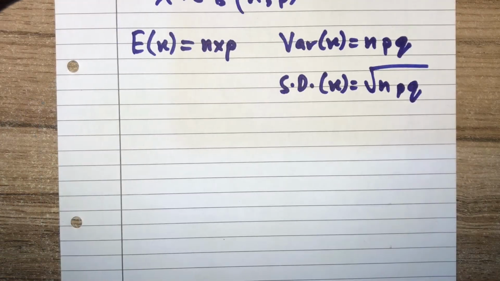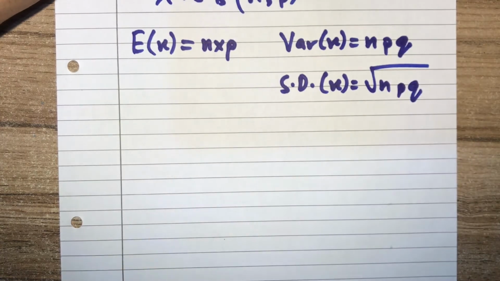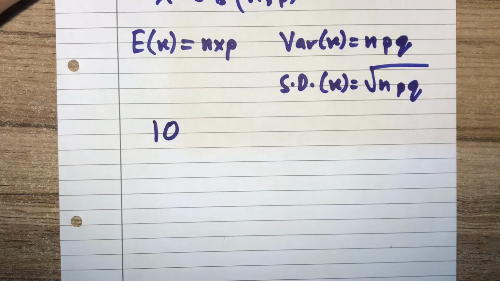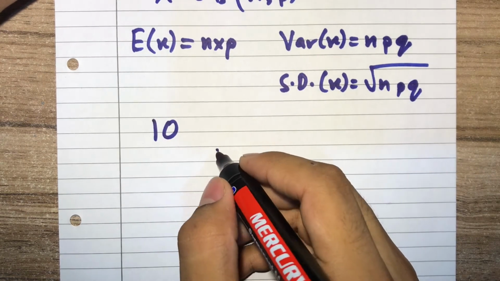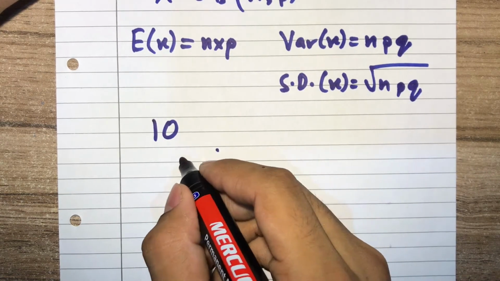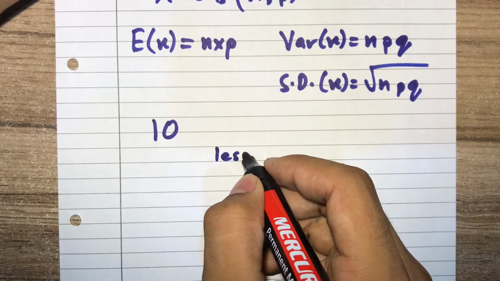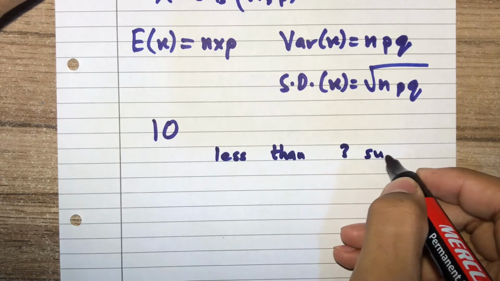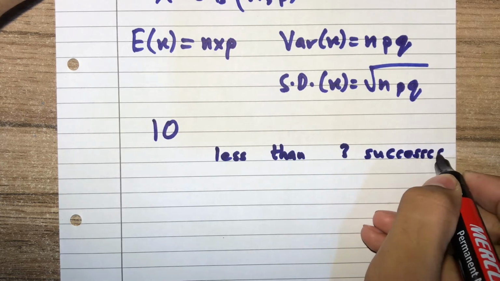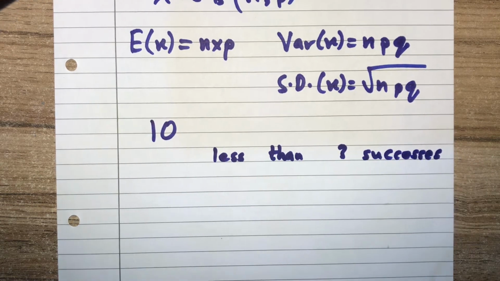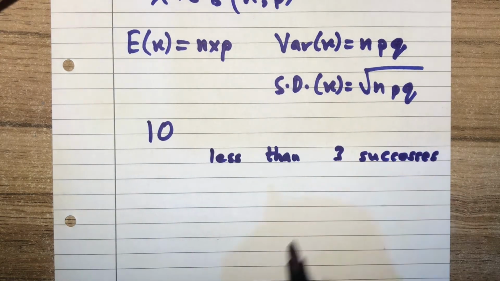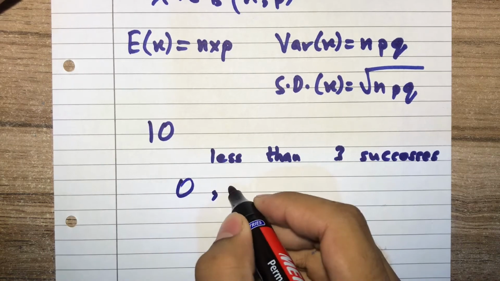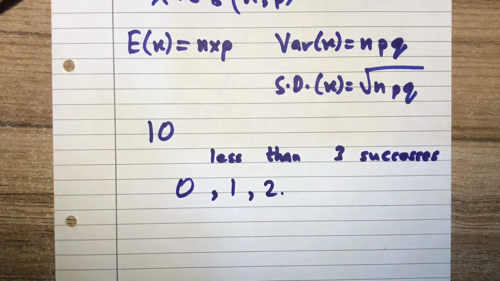For example, we have any given scenario where we're having 10 trials and we have to find the probability of less than 3 successes. So this means that we either have 0 successes, 1 success, or 2 successes.